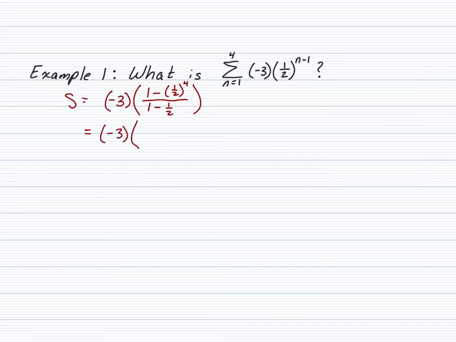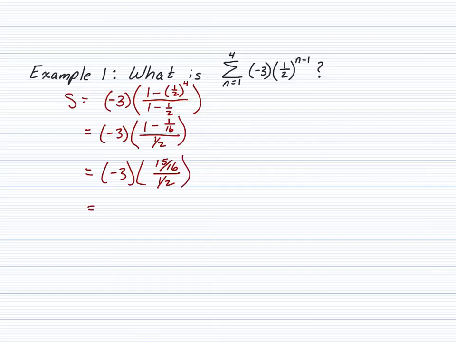Just simplifying what we have in the parentheses here, 1/2 raised to the 4th power would be 1 over 16, over, and then 1 minus 1/2 is 1/2. All right, so 1 minus 1/16 would be 16/16 minus 1/16, and that will give us 15/16 over 1/2, times negative 3.